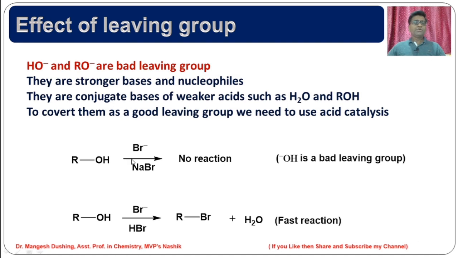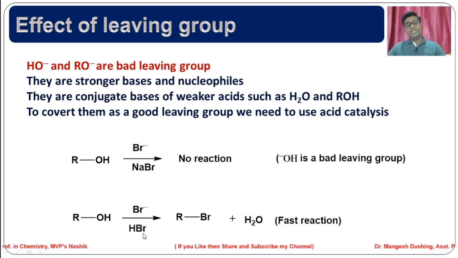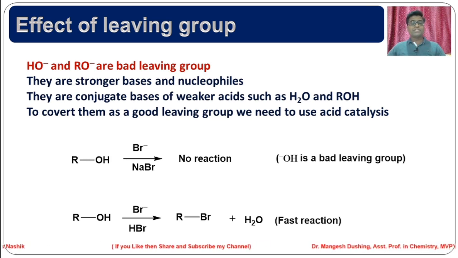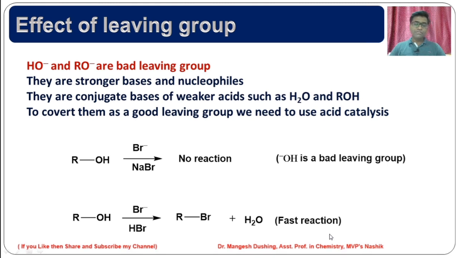So how to convert OH into a good leaving group? Then we have to carry out this reaction with HBr, so HBr acts as an acid catalyst. So what will happen? The reaction will be faster. So why so? We will see the mechanism.